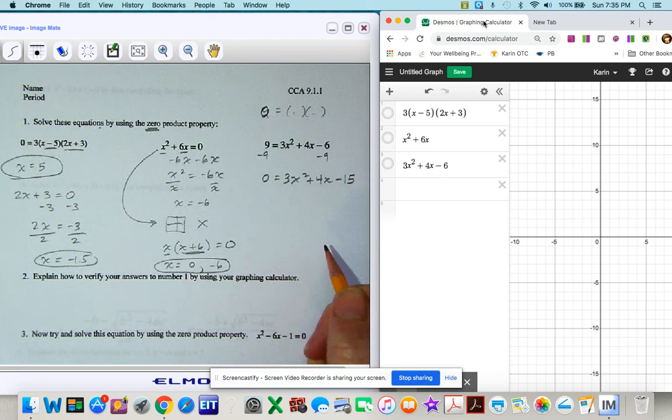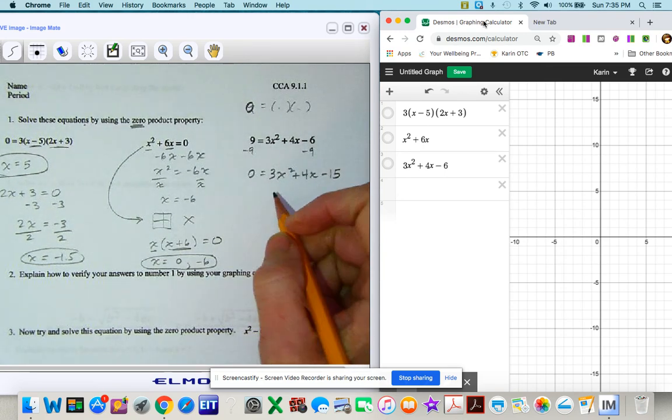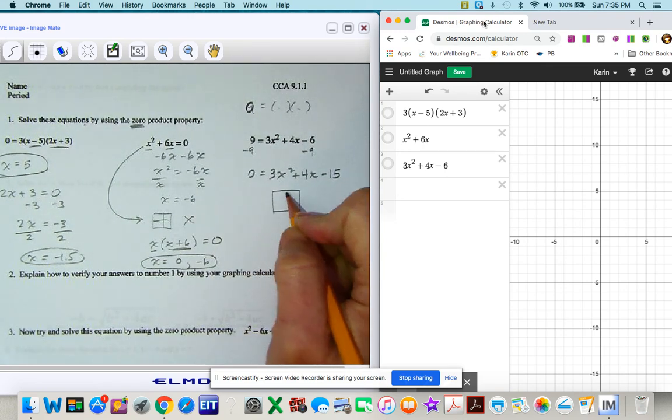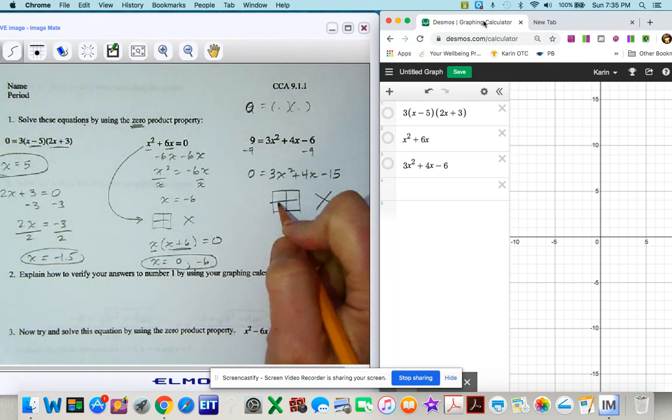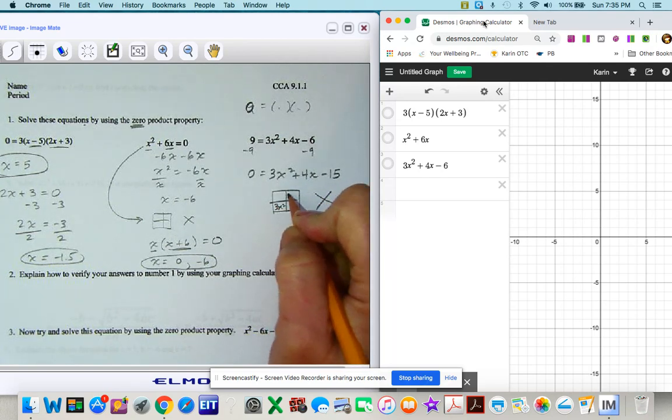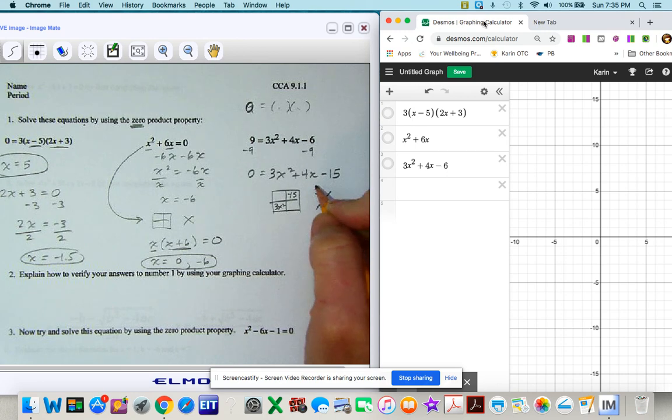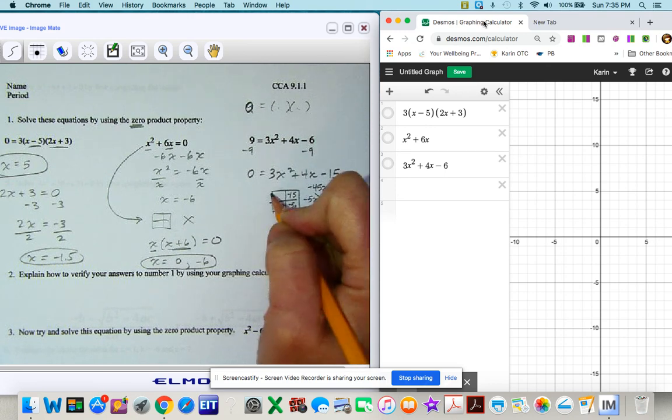And then I can try to factor from here, okay? So I'm going to do my 3x squared, minus 15, negative 45x squared, 4x. Let's see, I need a sum and product, so negative 5x, 9x.